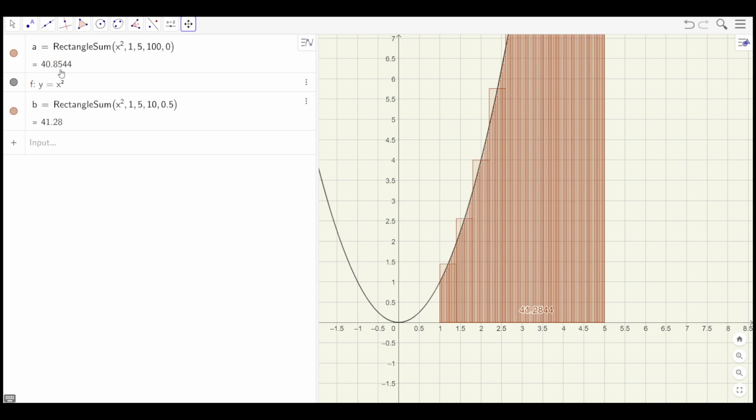And the real value, as I calculated here, is 41.3. But in the midpoint strategy, I repeated only 10 times, and I'm getting even closer, 41.28, which is much closer to 41.3.